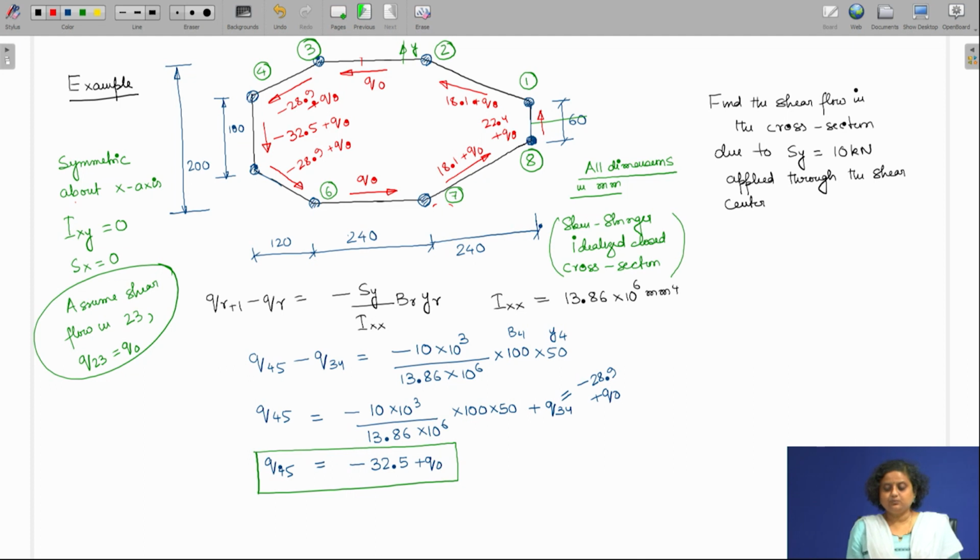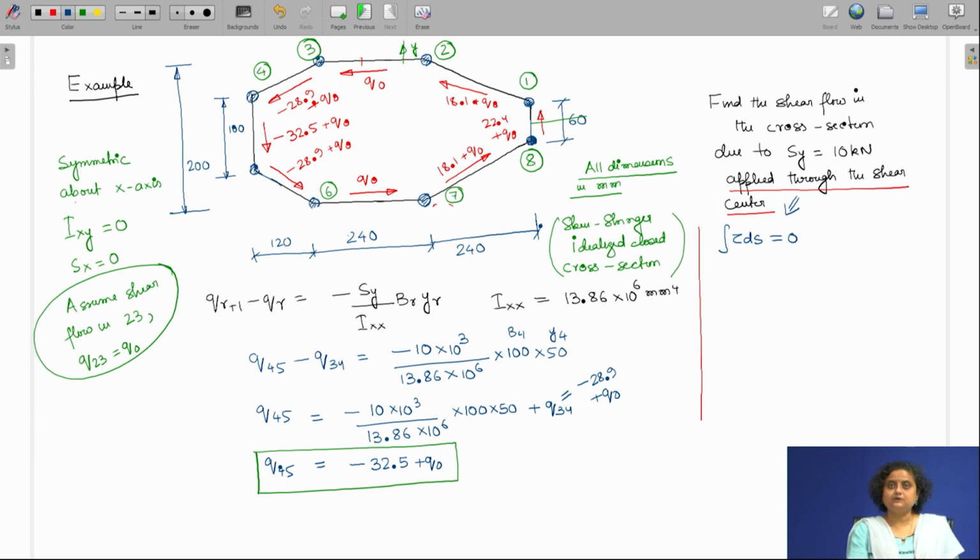Now, since the shear force is passing through the shear center, we can use Bredt-Batho theorem and say that the integral of tau ds has to be equal to 0, just because it is passing through the shear center.